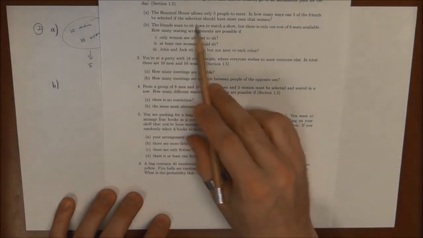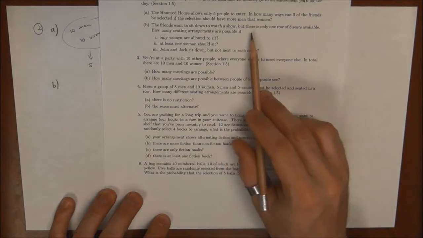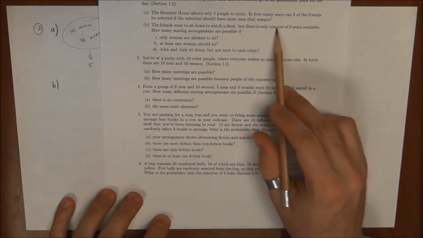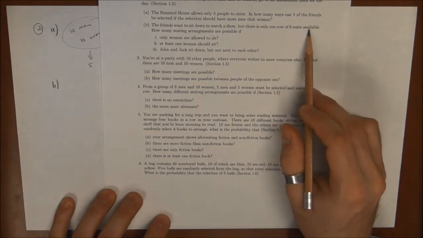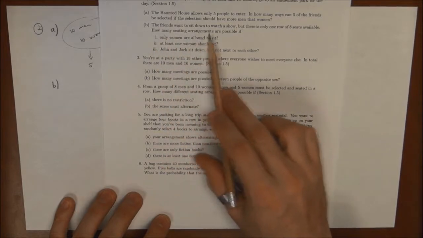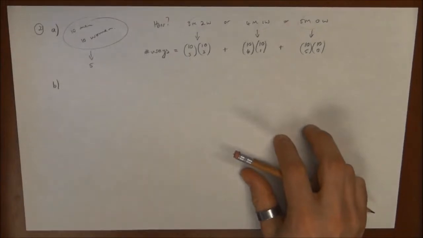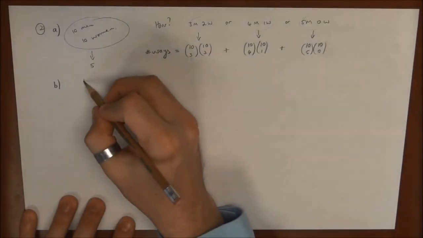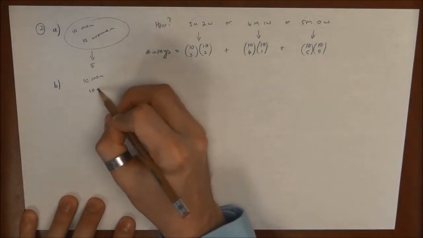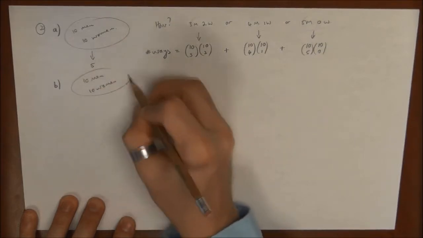The friends want to sit down to watch a show, but there is only 1 row of 8 seats available. How many seating arrangements are possible with some restrictions? So now I have 10 men, 10 women. My experiment has changed.